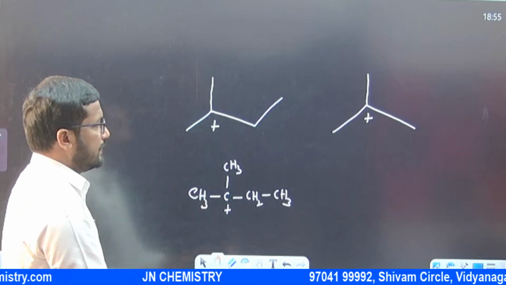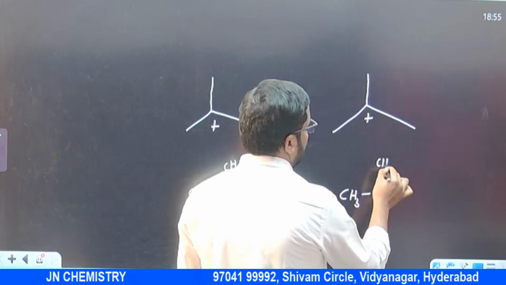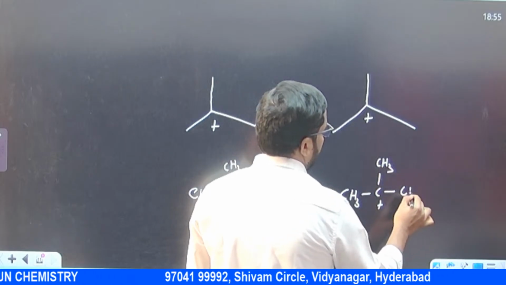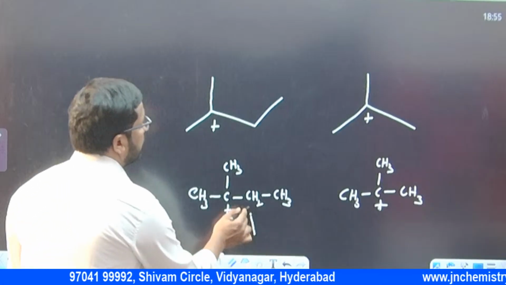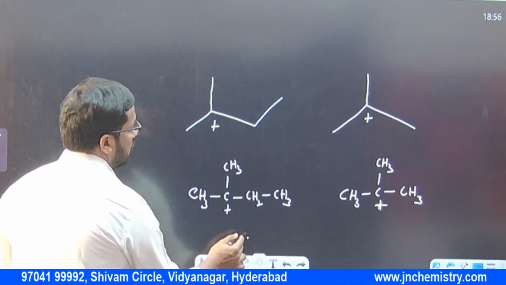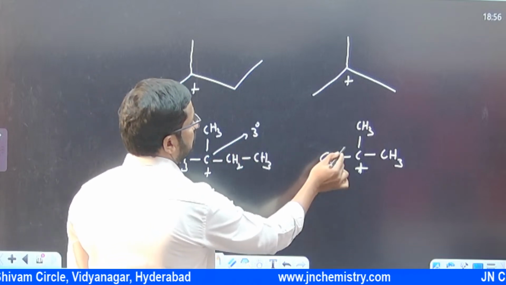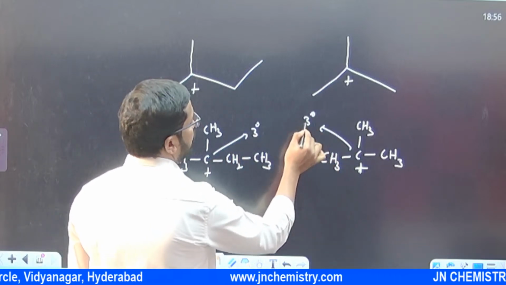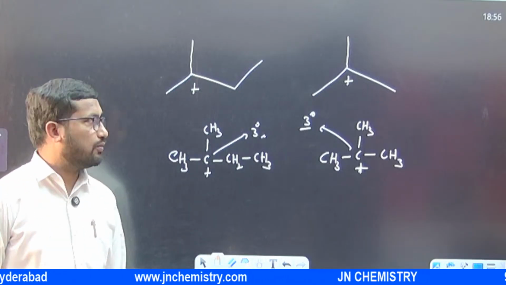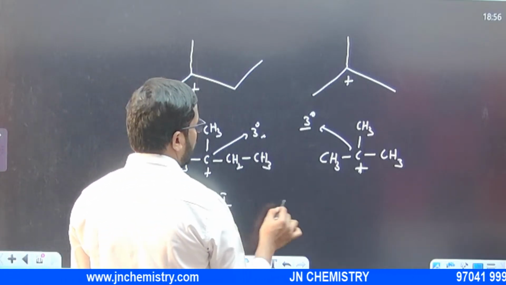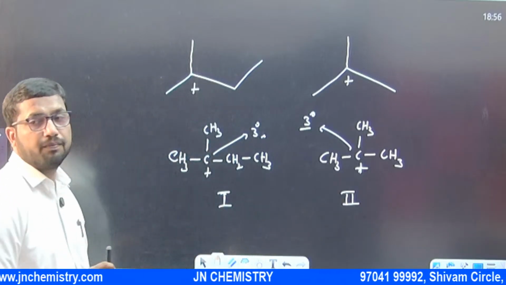This also is a 3-degree carbocation. Now let me know which carbocation is more stable, 1 or 2. Which carbocation is more stable?